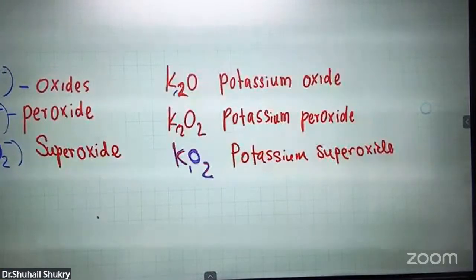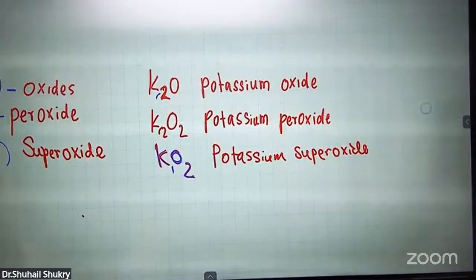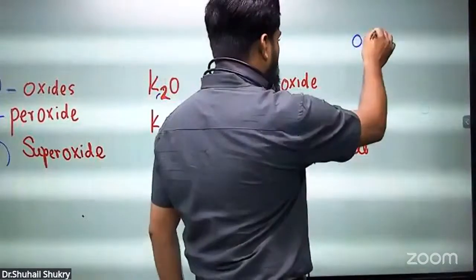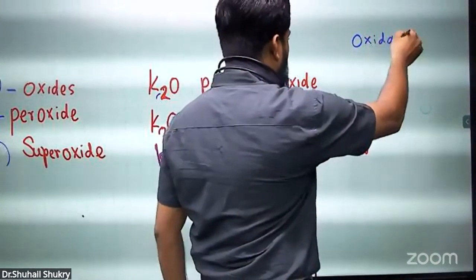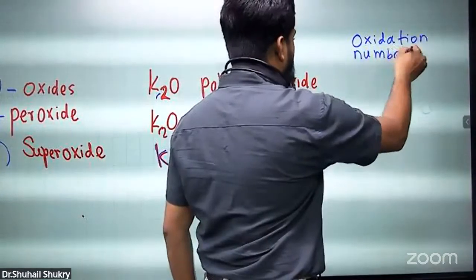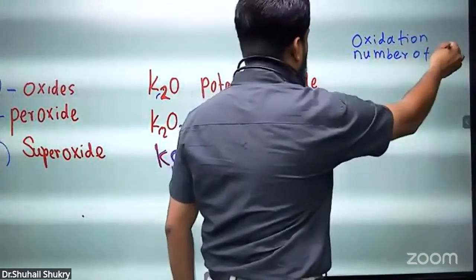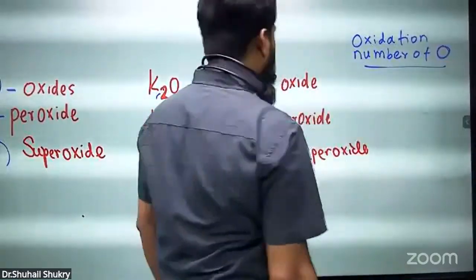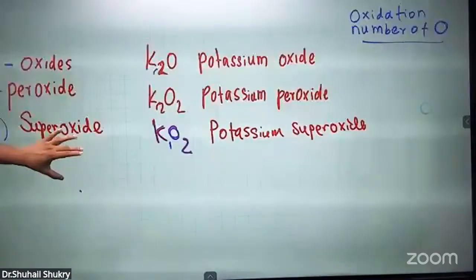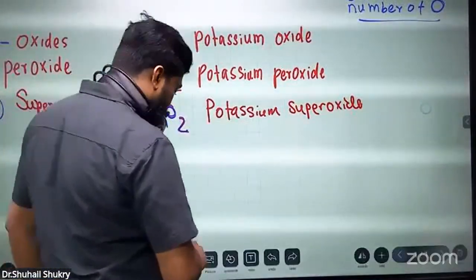Then what are the oxidation numbers of these things? Oxidation number of oxygen here. It's very simple, we can decide like this. Oxidation number of oxygen.